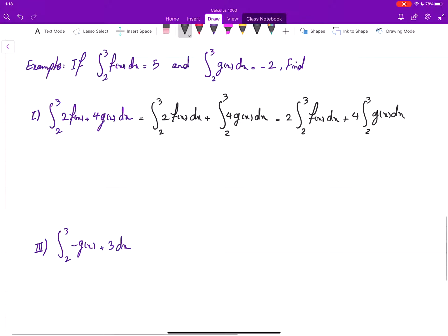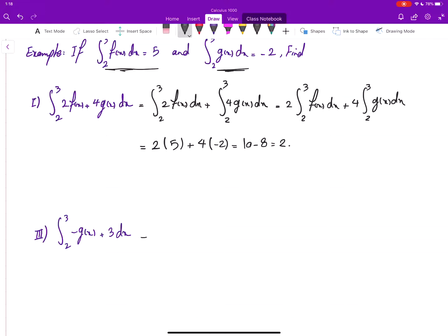And now that we are here, we know that the integral of f of x from 2 to 3 is 5, plus 4 times the integral of g of x from 2 to 3, which is negative 2. This is 10 minus 8, which is 2. Now this other one: we get minus the integral of g of x from 2 to 3 dx plus the integral of 3 dx from 2 to 3.